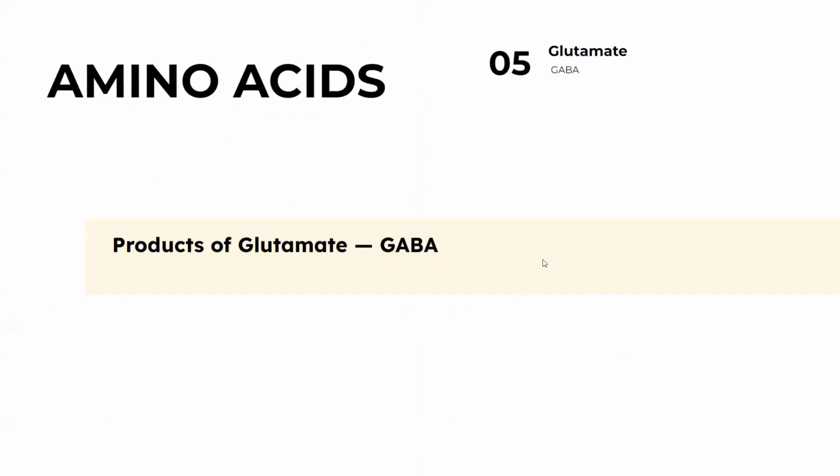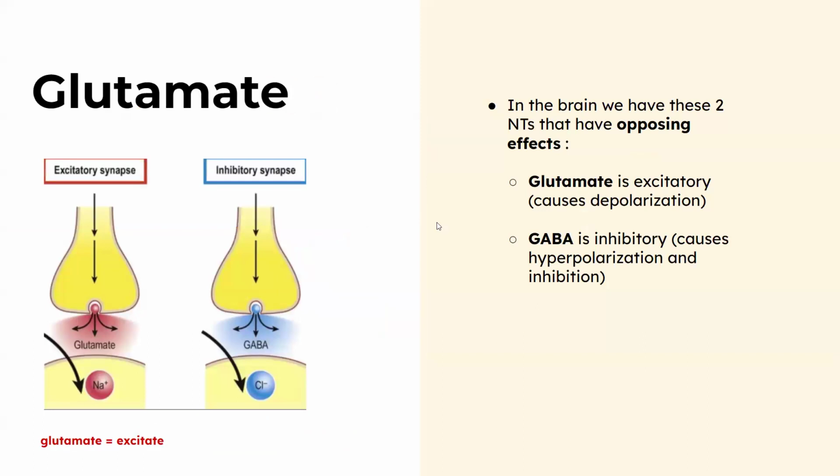Okay, now I think this is the final amino acid. From glutamate we get GABA. What is glutamate and what's GABA? These are two neurotransmitters found in our brain that have opposite functions. One of them is made for excitation, and one of them is made for inhibition. To remember that, glutamate, remember excitate. Excitate is not actually a word, but it sounds similar.